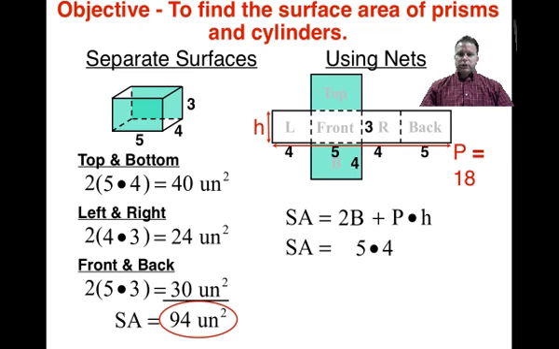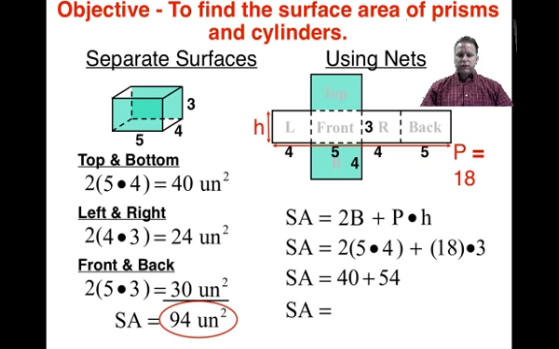So we could do 5 times 4. Then we have 2 of those. And then we have the perimeter, which is 18, times the height, which is 3. And we do our order of operations, we'll get 40 plus 54, which gives us 94 units squared.